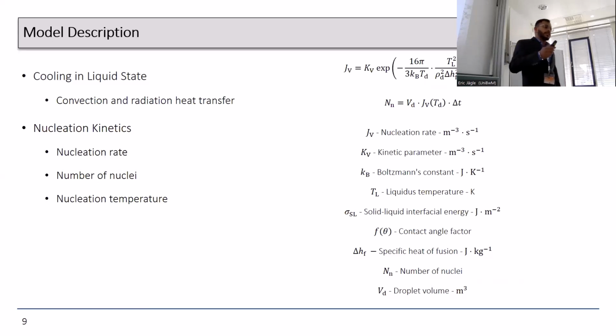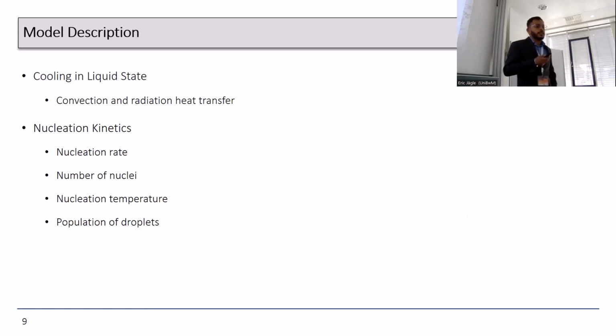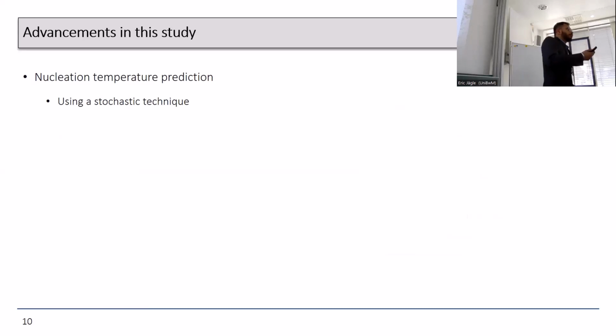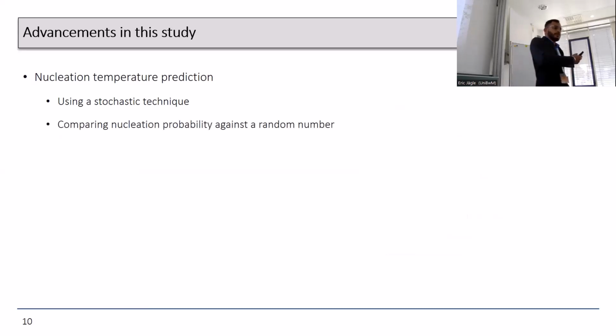Instead of computing the nucleation temperature from the number of nuclei when it is equal to 1, we are using stochastic techniques. From that, we compute the nucleation temperature for a population of droplets rather than a single droplet. What we are changing here is that, using the stochastic technique, the number of nuclei formed in a time step is essentially the probability of nucleation, the event of nucleation happening in that step. So we compare it to a random number generated by the computer.